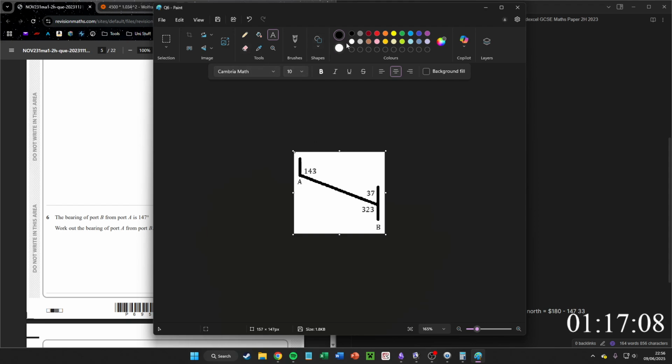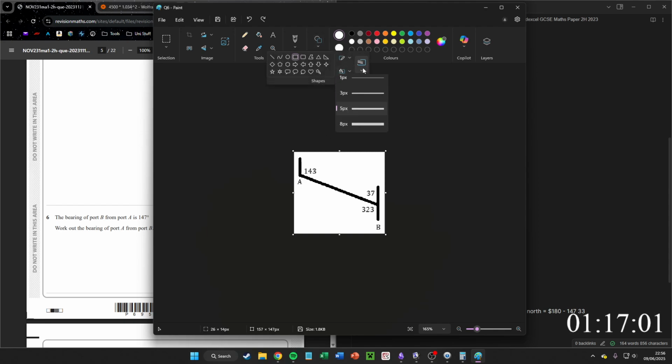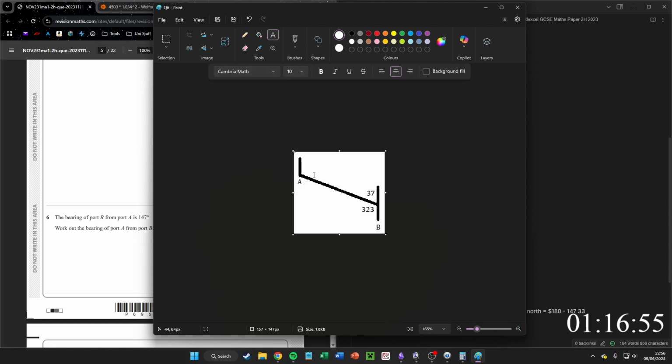So, just important to redo this in that case. That's fine. Get rid of that. That's 147. That should be in black. I'll get rid of these two as well.